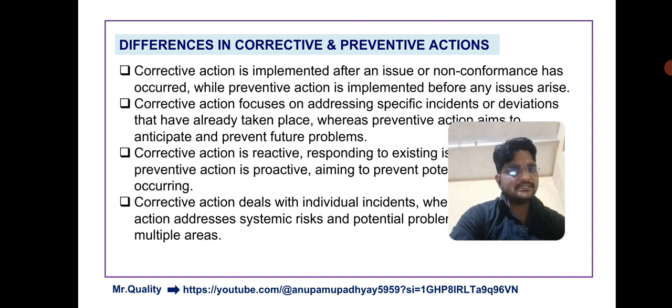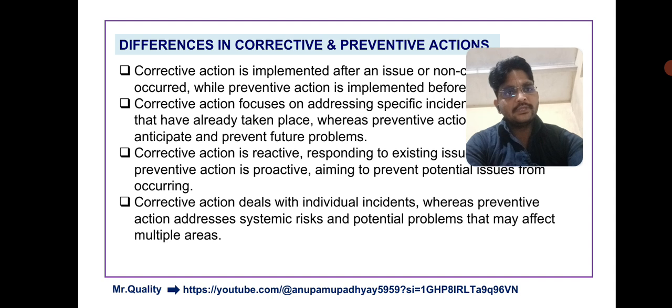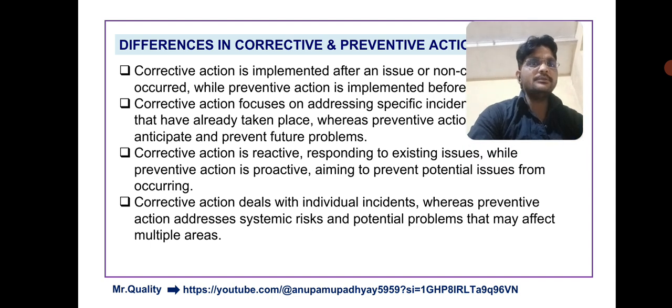Corrective action is reactive, responding to existing issues, while preventive action is a proactive approach aiming to prevent potential issues from occurring. Corrective action deals with an individual incident, whereas preventive action addresses systematic risk and potential problems that may affect multiple areas.